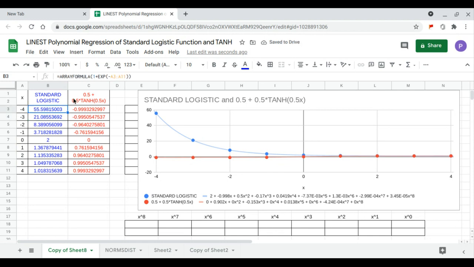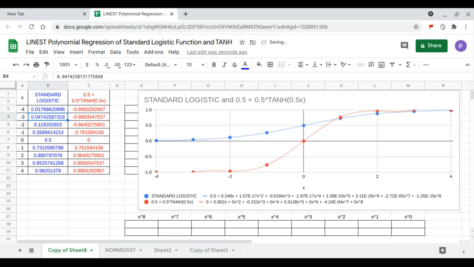And then we factor in 1 over the quantity. So here we have the trend line and the trend line equation of the standard logistic function.